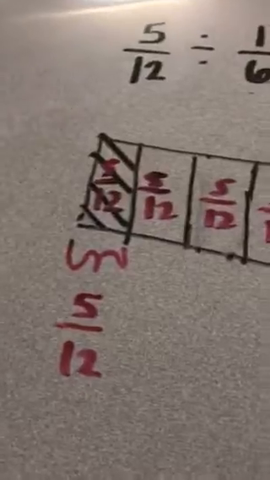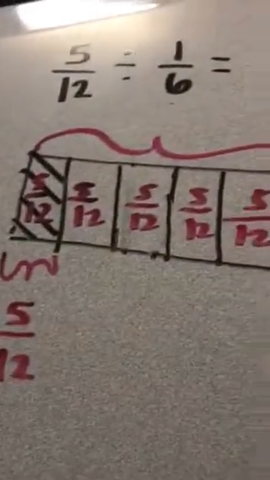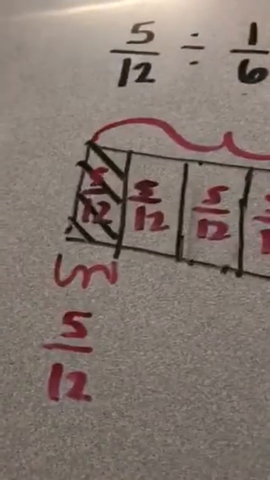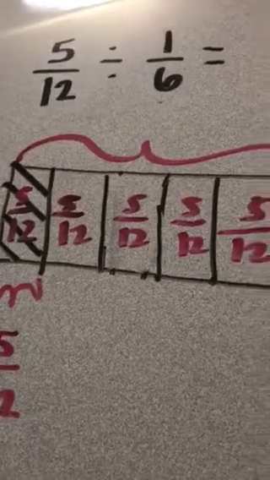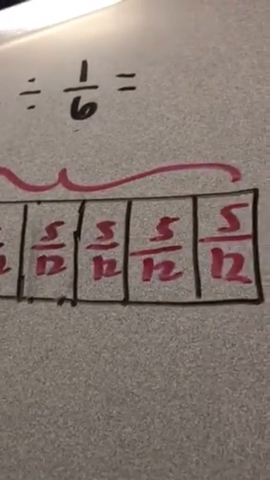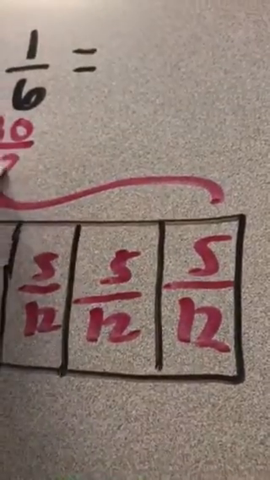Okay. And then we're going to find the total amount this entire tape diagram would be worth by adding all the 5/12 together. So 5/12 plus 5/12 is 10/12 plus 5/12, 15/12, 20/12, 25/12, 30/12. So altogether we're going to have 30/12.